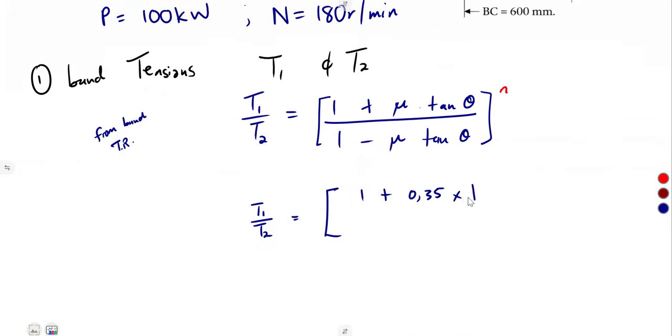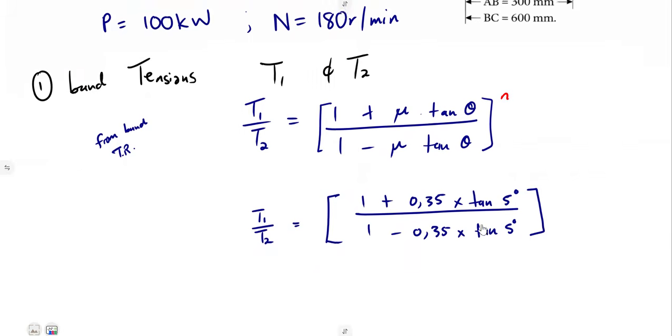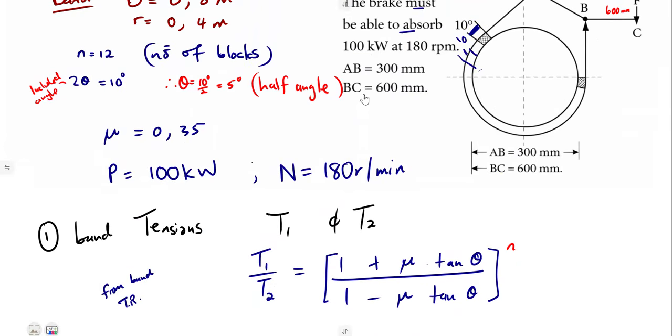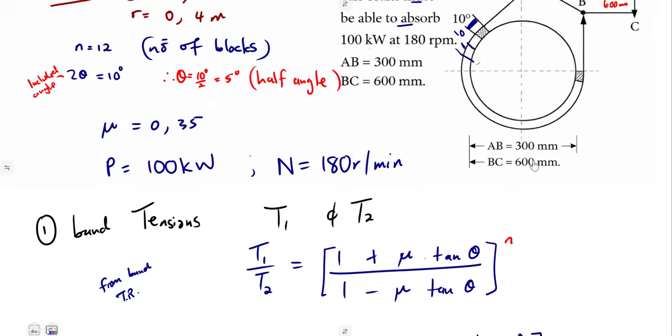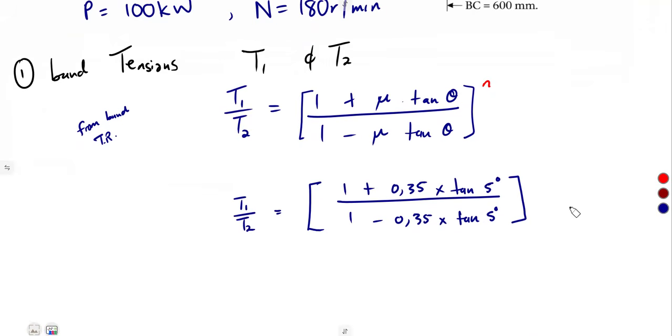So that's the tan of what? 5 degrees there. You must be very careful. All right. 1 minus 0.35 times the tan of what? 5 degrees again, raised to the exponent of n. The number of blocks that we are given is what? Is 12. So that's to the exponent of what? Of 12.